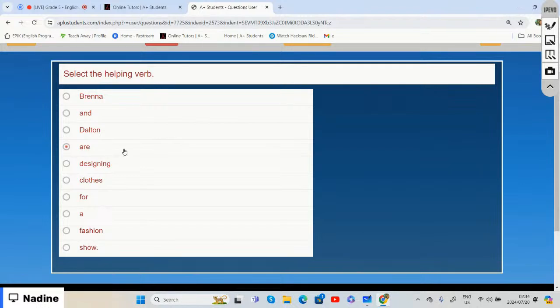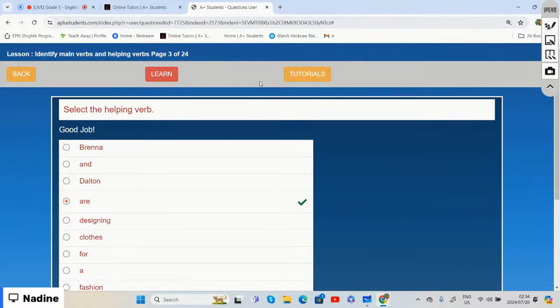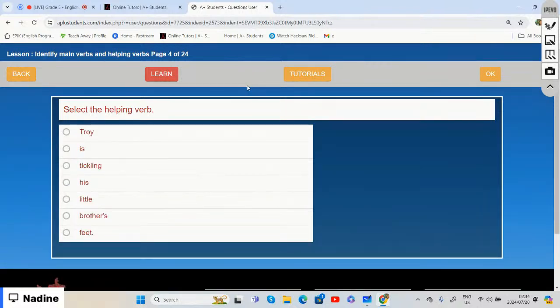Are is correct. And the reason why we say it is are is because our main verb is designing, right? It is basically helping the main verb, which is designing. So well done. No, not and, just are.